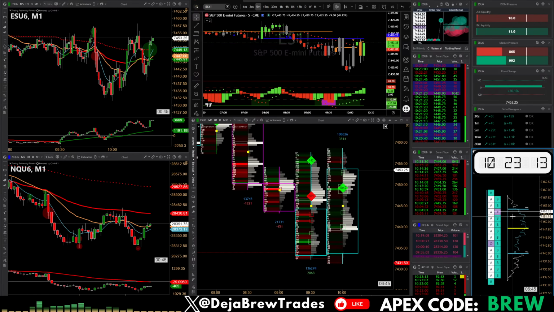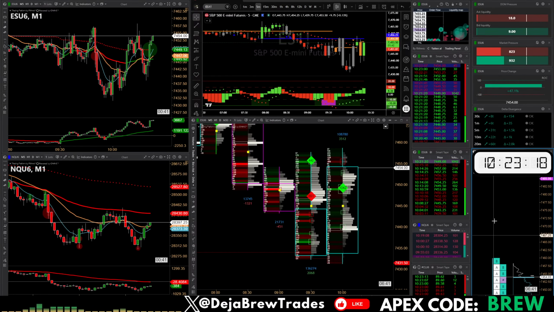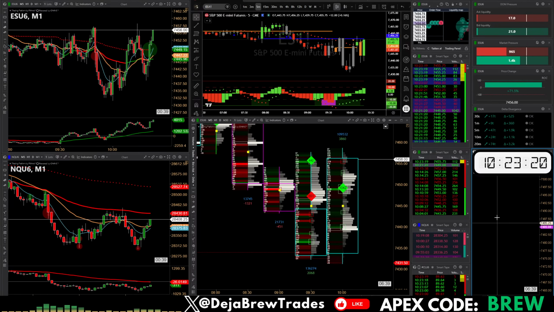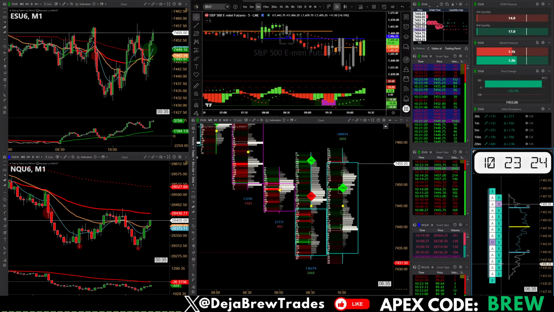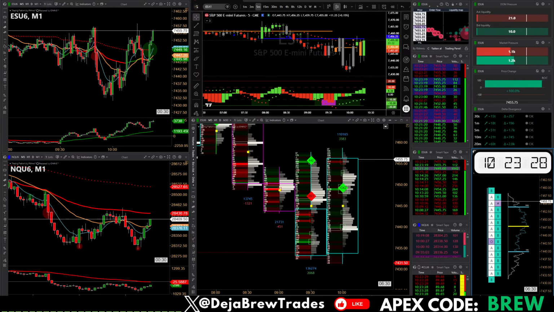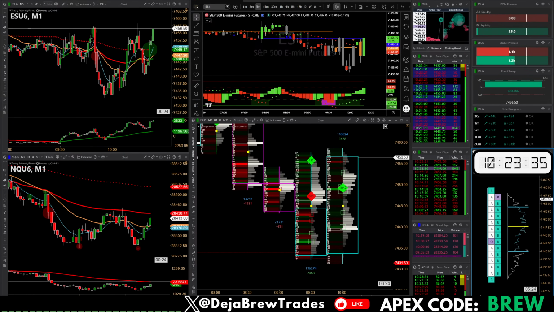That's how you would use it later in the day: you see how wide the initial balance is, and if you extend that by 100 or 200%, where could you target in the afternoon? It's very similar to my afternoon breakouts. We talk about that stuff in the afternoon, with the breakouts and the reversals.